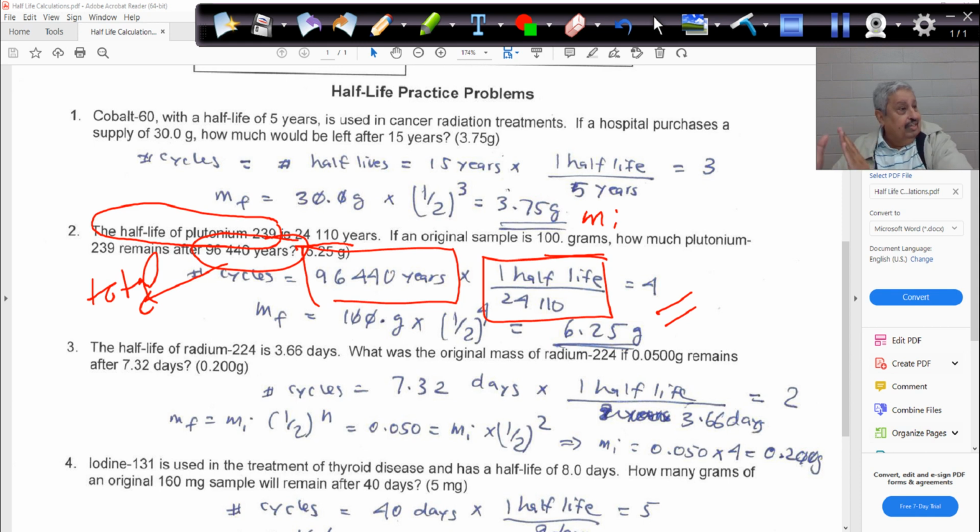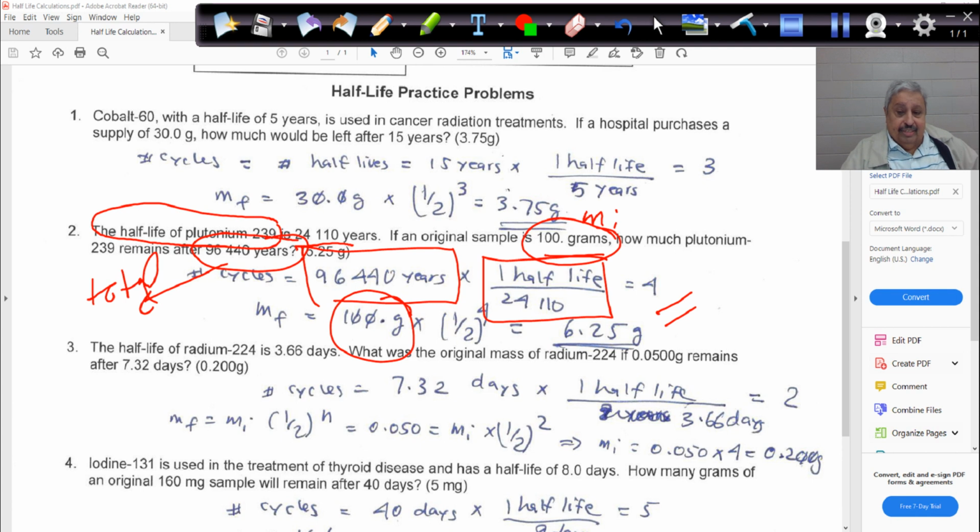Each time you go half of the mass, half of the mass, half of the mass. So you have 4. Then you just plug in the amount you have. You started with 100 grams, that's Mi, the initial mass, multiplied by one half to the exponent of 4.